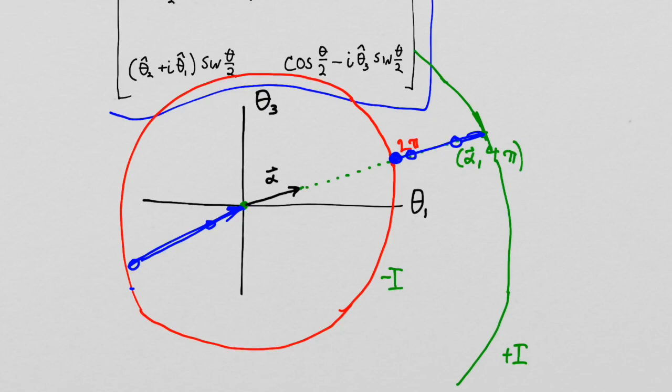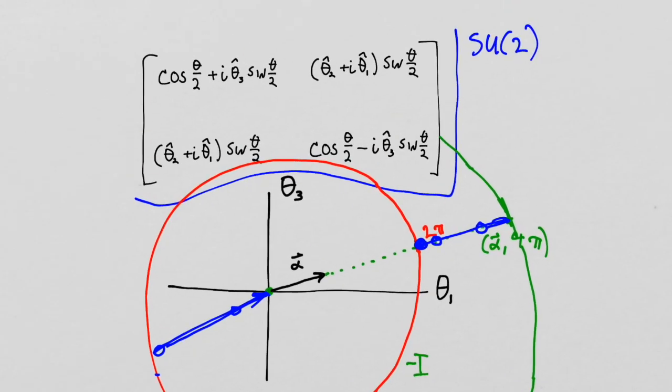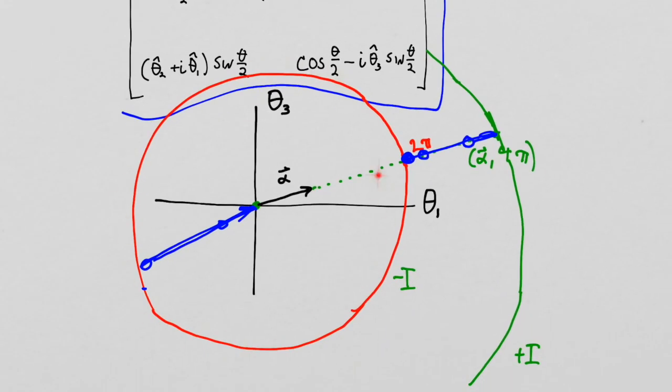This is compact just like the other set. This group, SU2, is compact because we can get to every group element in SU2 by staying inside this 2 pi boundary. Now, what's different about this is the way its paths work.